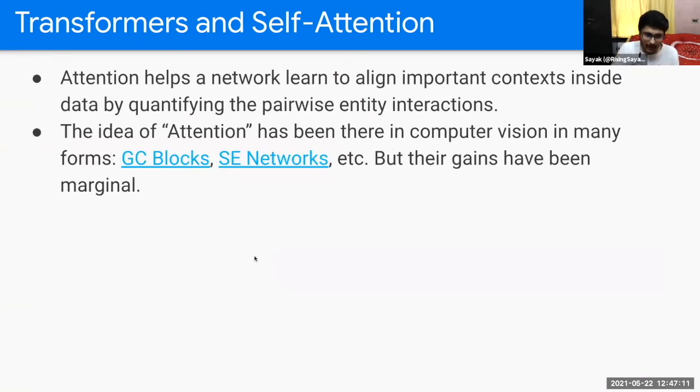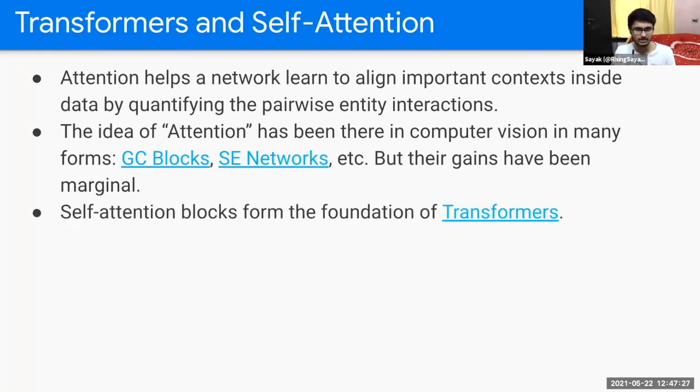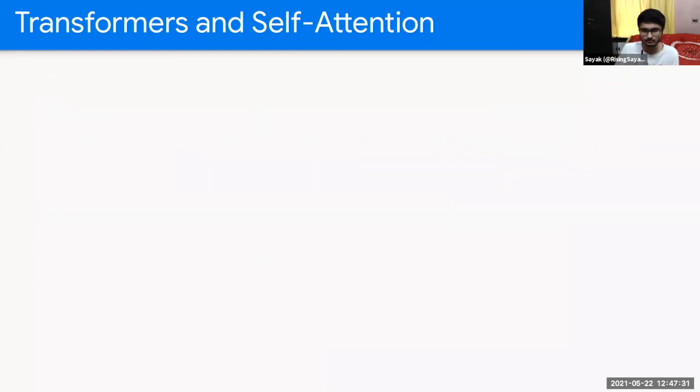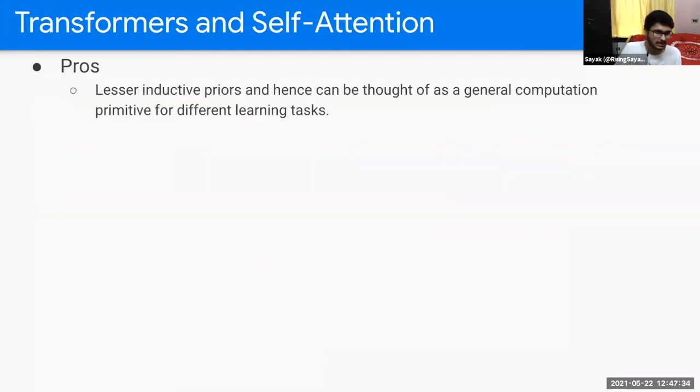All right. So the idea of attention has been there in computer vision in many forms, like global context blocks, squeeze and excitation networks, or channel attention, and so on. But their gains have been pretty marginal at this point in time. Self-attention blocks actually form the basis of transformers. The pros with pure self-attention based networks is that we do not have any convolutions, right?